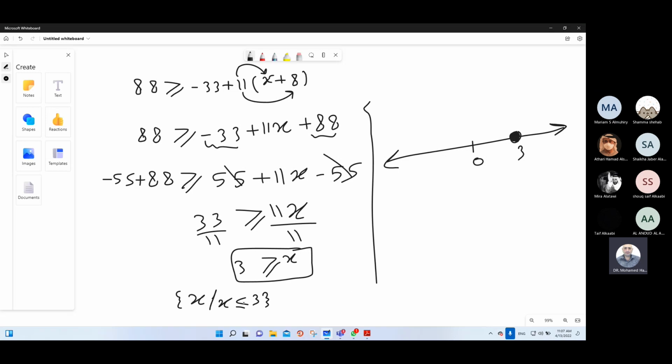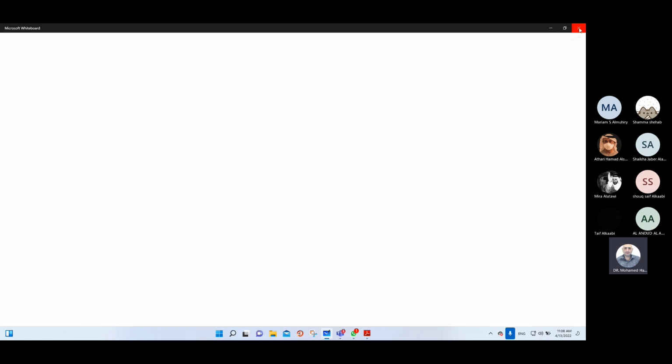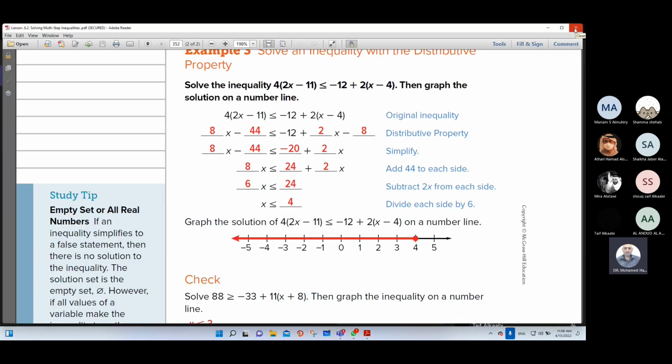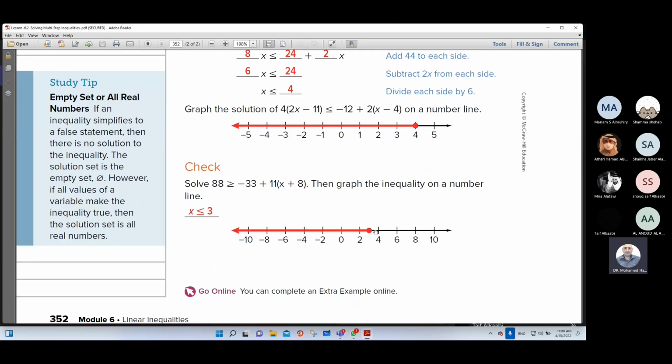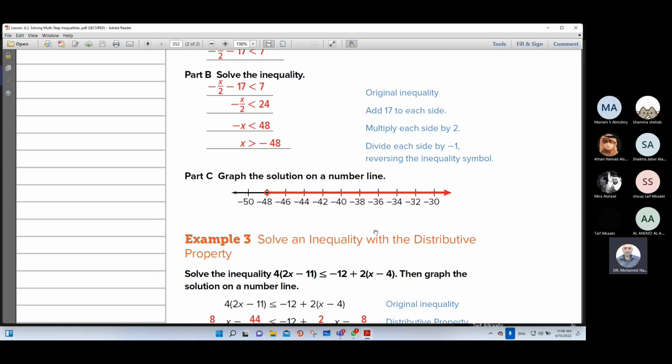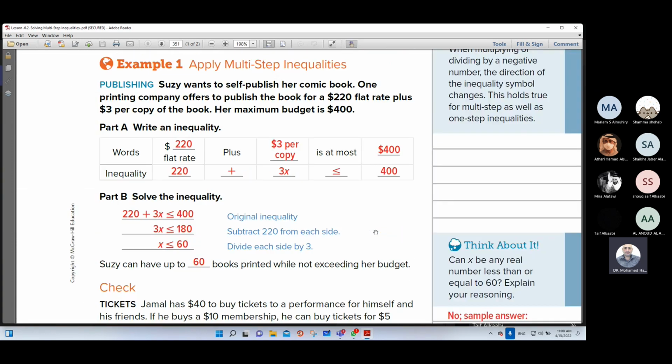Then x less than means the solution goes to the negative side. Okay, who has any question about this idea, about this lesson? Are all ideas clear for all, please? No questions? Sure, girls, no questions? Are all ideas clear for you?